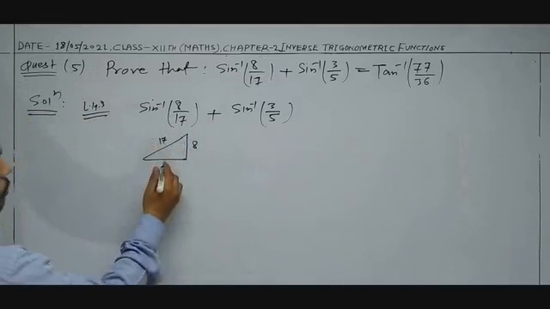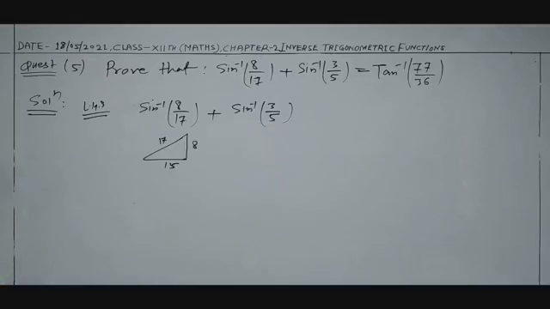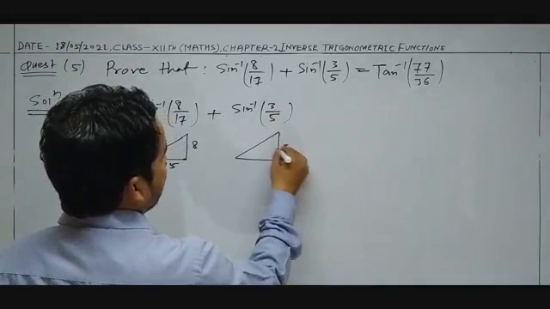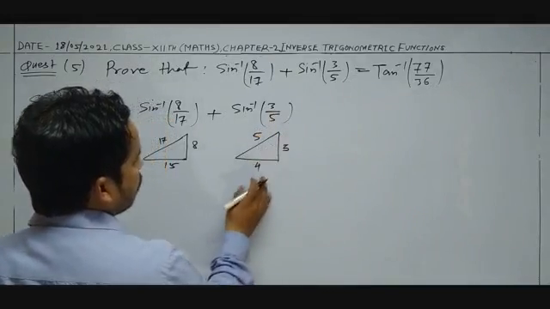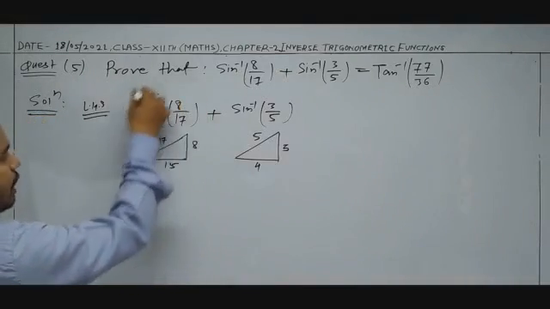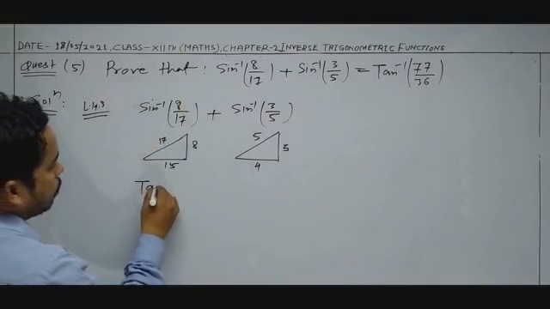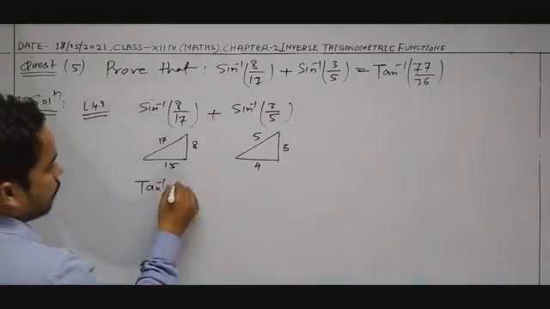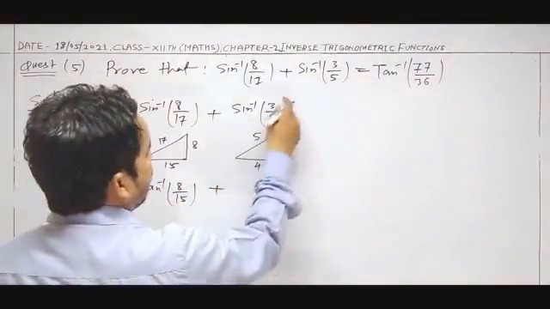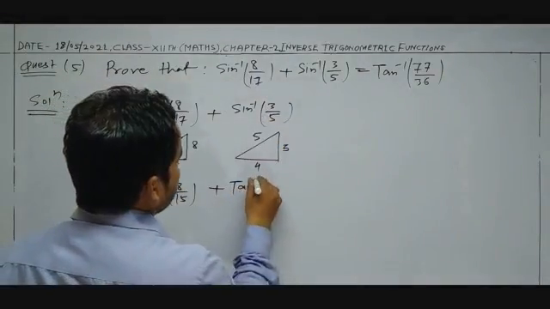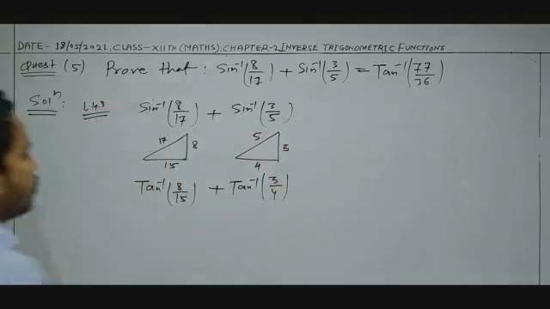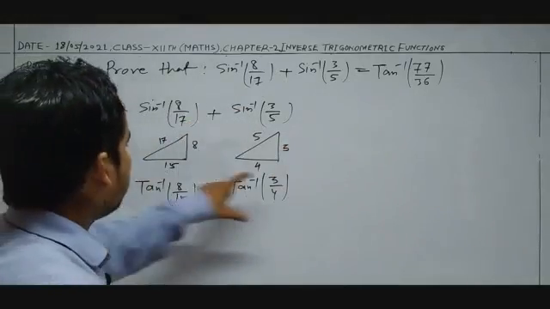By the Pythagoras theorem the base will be 15. And for sin inverse 3 by 5, draw another triangle with perpendicular upon hypotenuse, and by the Pythagoras theorem the base will be 4. So from this triangle sin inverse 8 by 17 converts to tan inverse, perpendicular upon base, 8 by 15. Similarly sin inverse 3 by 5 converts to tan inverse 3 by 4.